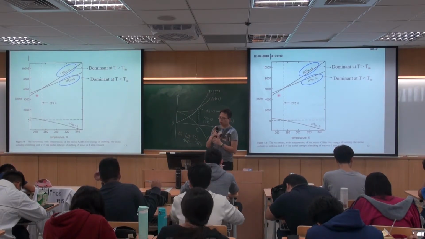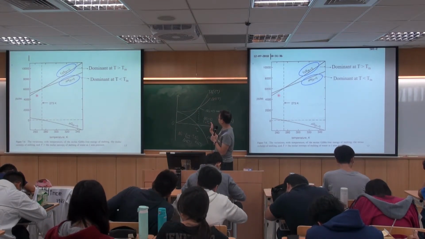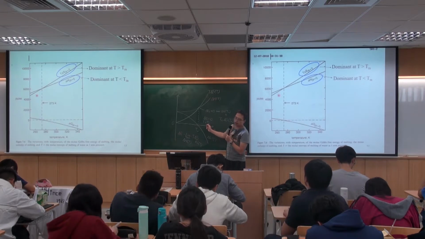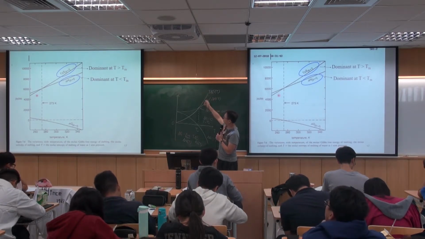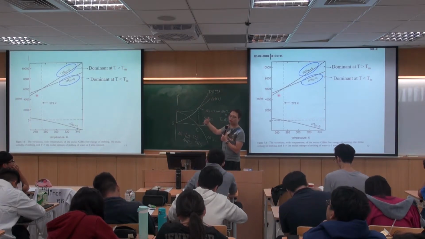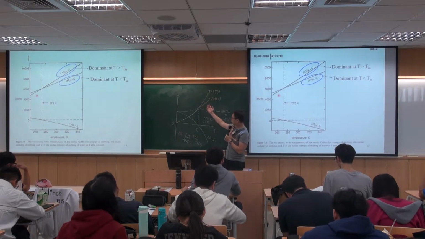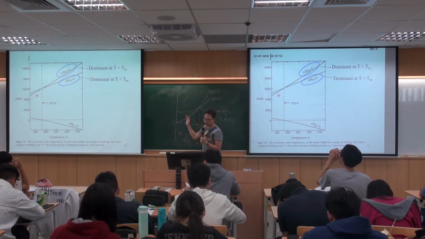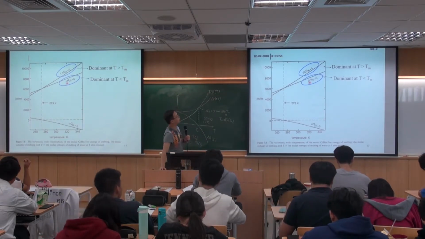Okay. And we know that when the temperature is above the melting temperature, the dominating term is delta S. So typically they will say qualitatively that the entropy term is dominating. When it is below the melting temperature, the delta H term, the enthalpy term, is dominating.